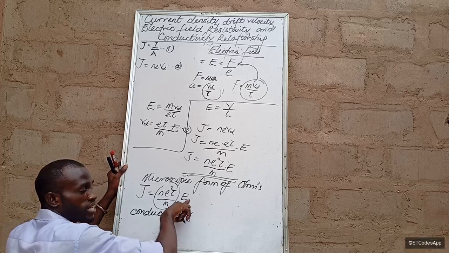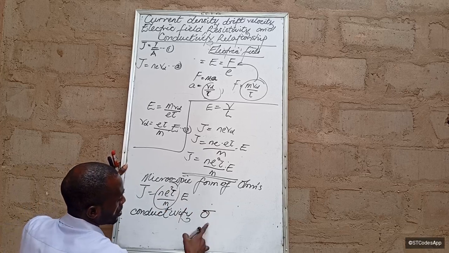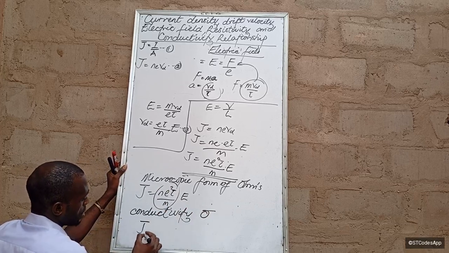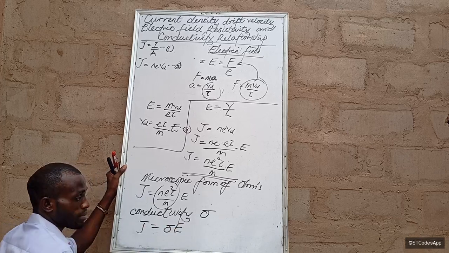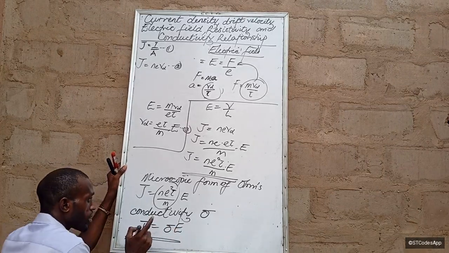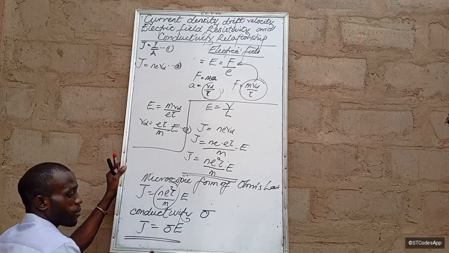Remember, the electric field will not be dependent on the wire. This property of the wire is called the conductivity, denoted by sigma, and that gives us J equal to sigma E. Do you understand now? So this is the microscopic form of Ohm's law.